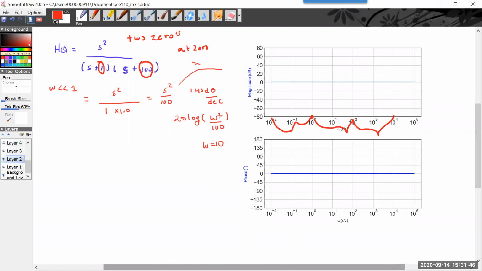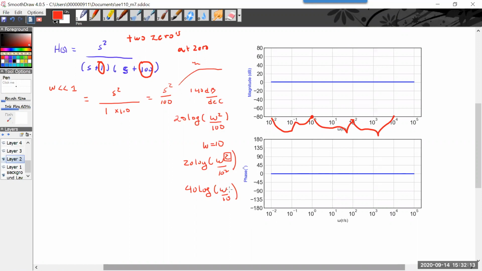Well, if I rewrite this in terms of 20 log of omega squared over 10 squared, then I can take the exponent out, and I get a 40 dB per decade slope.